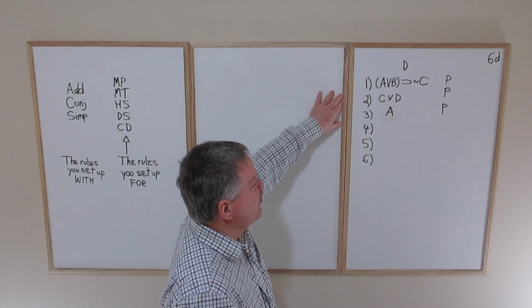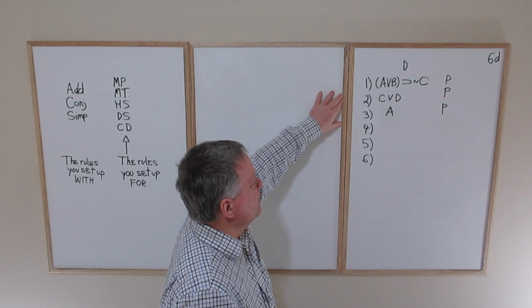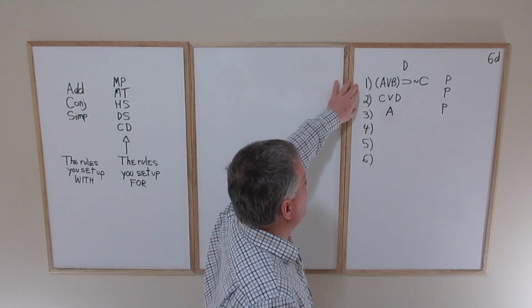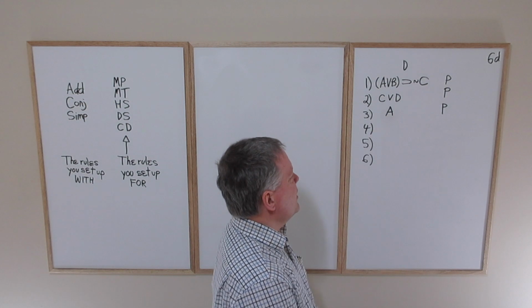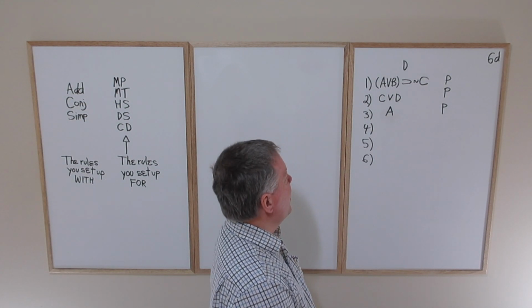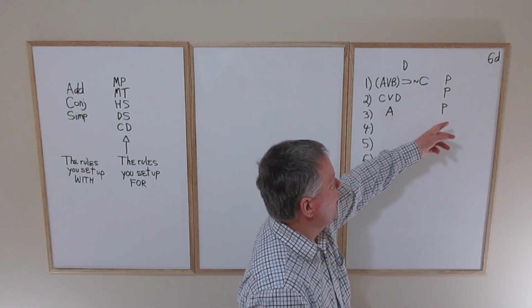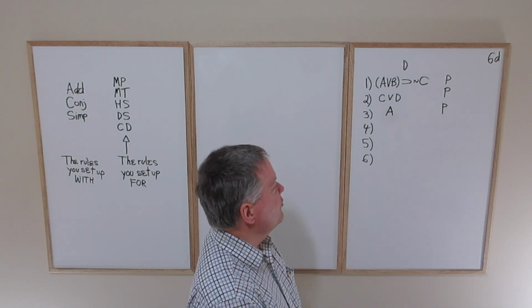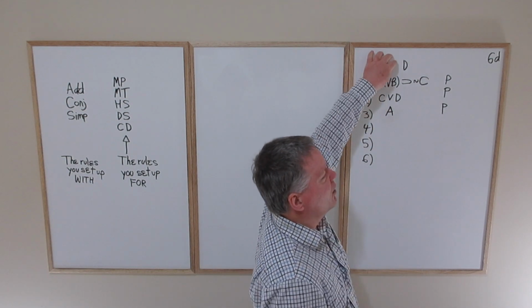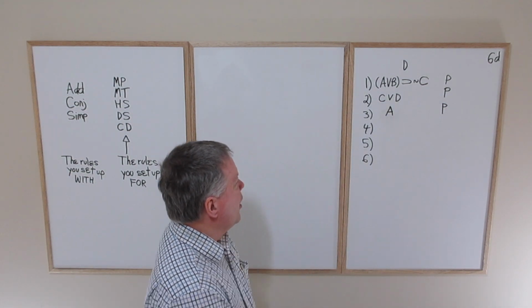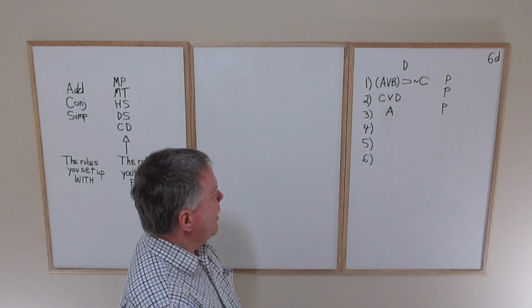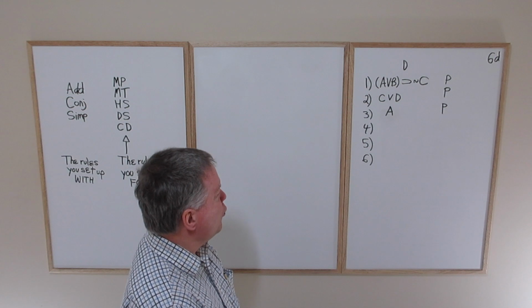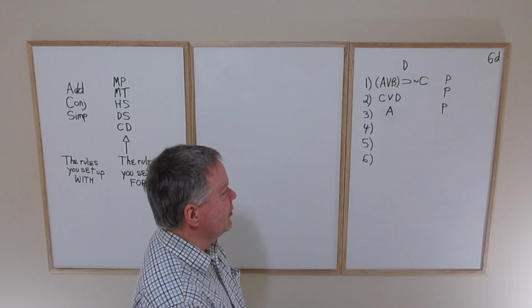So here we have question 6D. I've set up the proof where we have our 3 premises in lines 1, 2, and 3. I've just got capital P for premise in the justification column. Got our assigned conclusion on the top. Now, we look for rule employment opportunities.